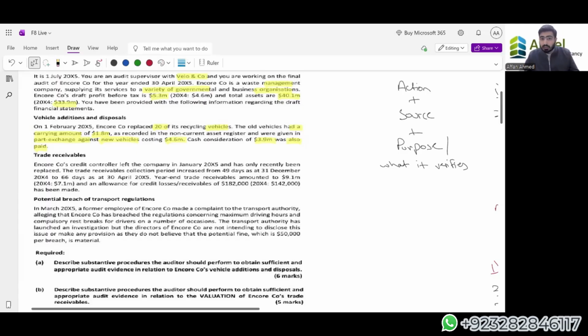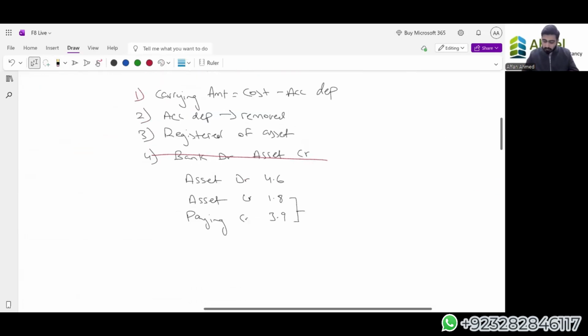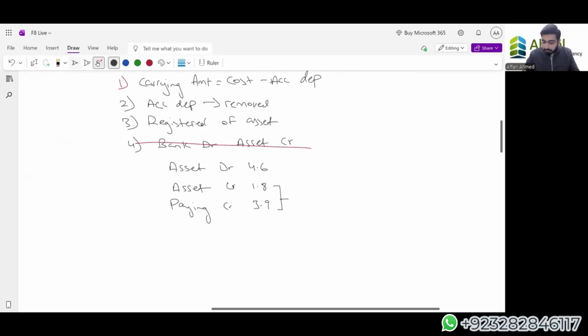So we are having a loss here. How we are having a loss here is that I am taking something of 4.6. For that, I am paying 3.9.